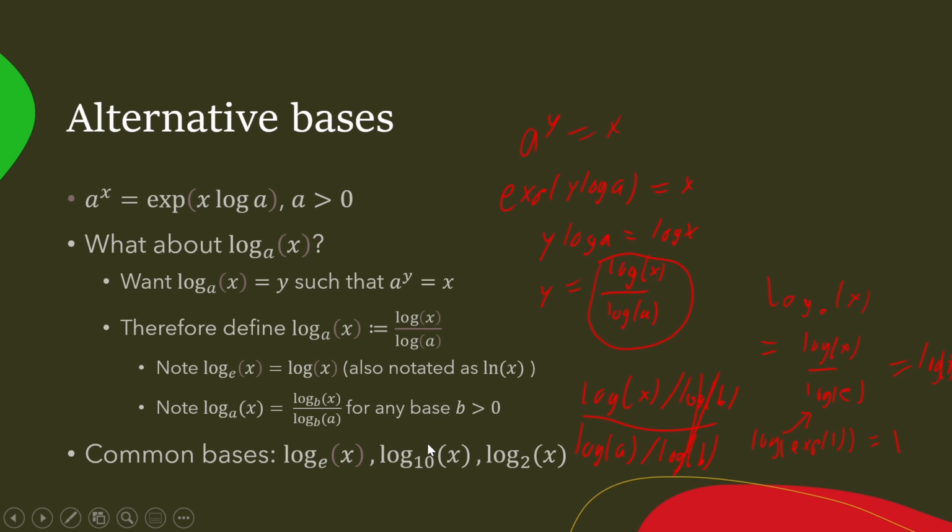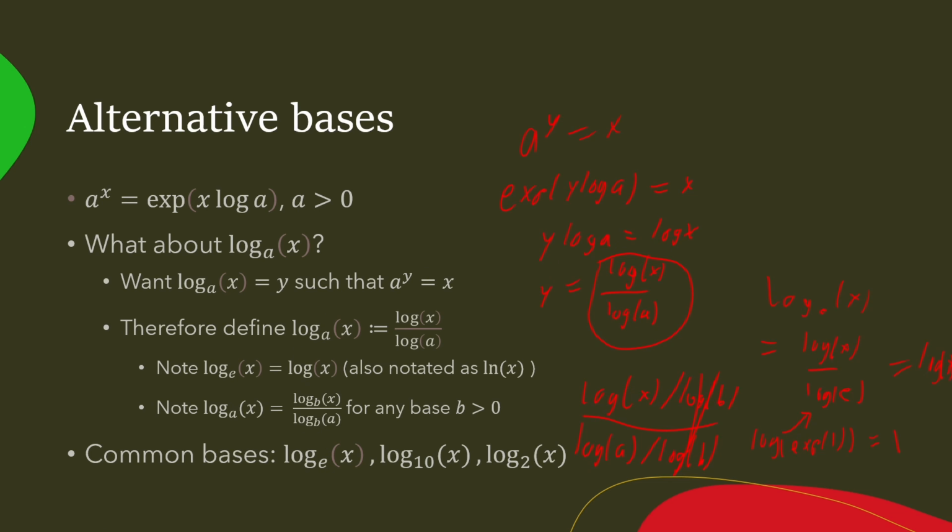Log base 10 because we work in the decimal system for representing numbers, which is inherently base 10, and log base 2 because we often work with computers that represent things in binary. When doing computations, you might see log base 10 or log base 2. When doing abstract math, you might see log base e more often. But in any case, this addresses exponentiation and logarithms with respect to any base.